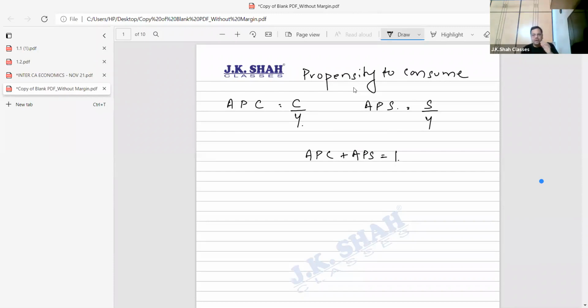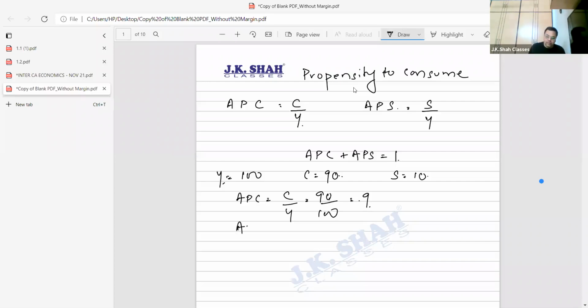Take one small case. If a person's income is rupees 100, out of that his consumption is 90. So it is implied that his savings is 10. If I've been asked to find APC, I'll write APC is equal to C upon Y, which is 90 upon 100, equal to 0.9.